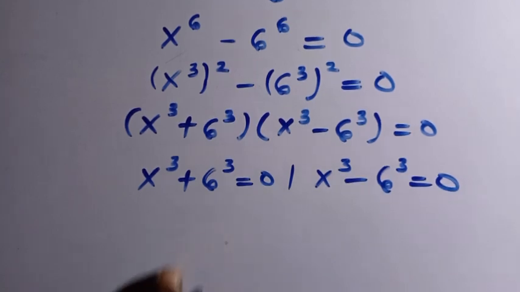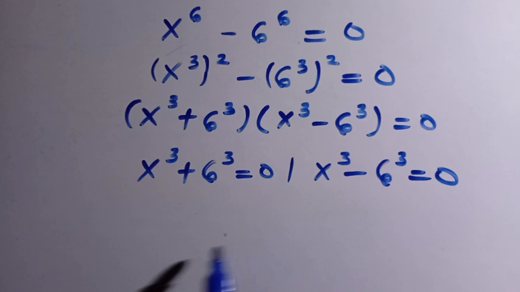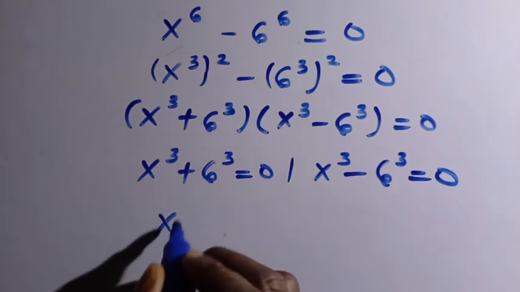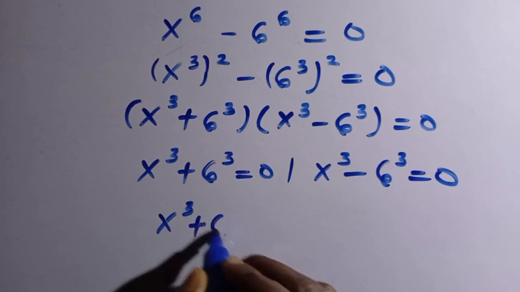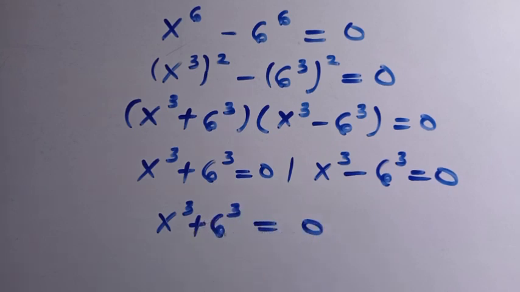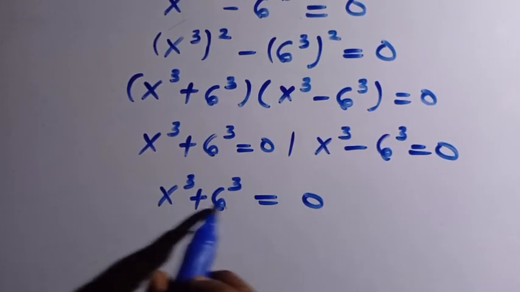So by this, there are two cases we are going to solve. Let's focus more on this one. We have x^3 plus 6^3 equals 0. So this is a sum of two cubes.